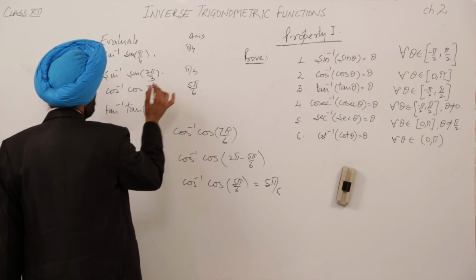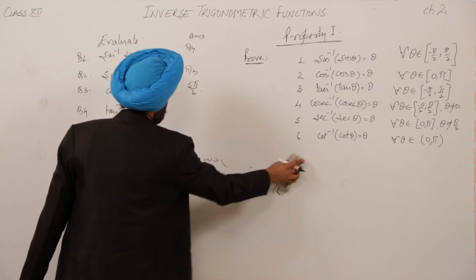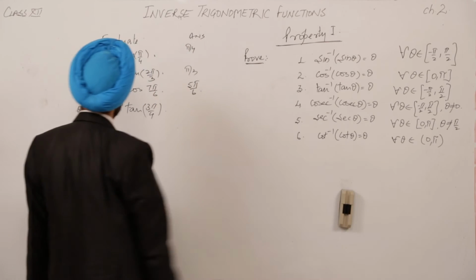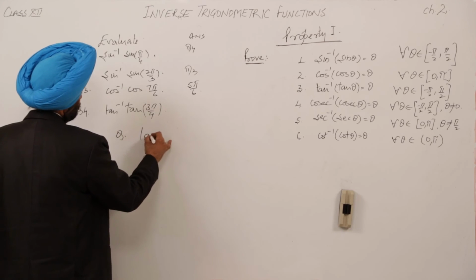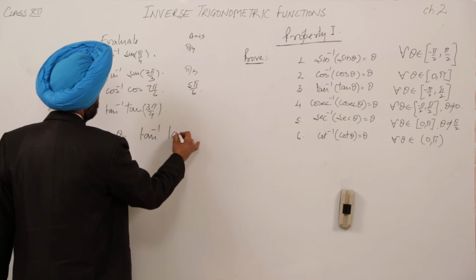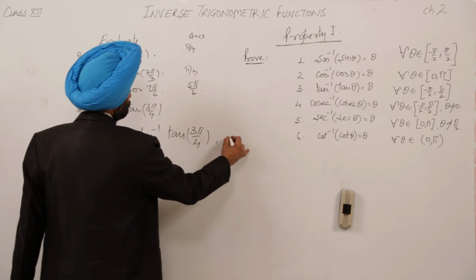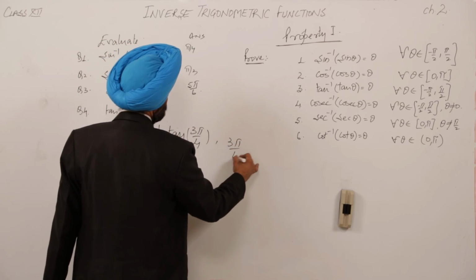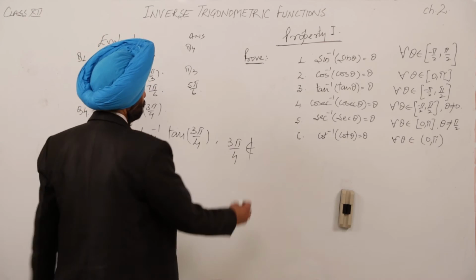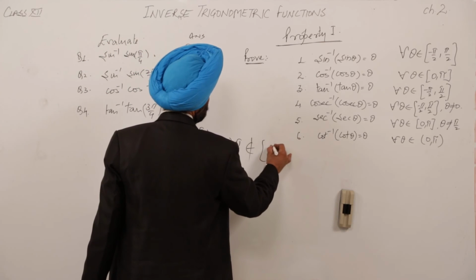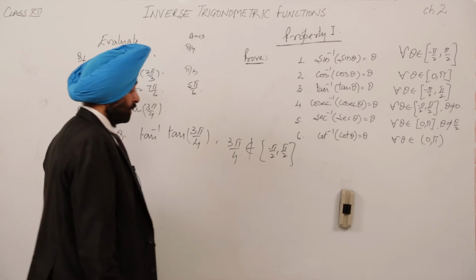Now coming to the last question. The last question is tan inverse tan 3 pi by 4. Again check it. Here also 3 pi by 4 does not belong to minus pi by 2 to pi by 2.